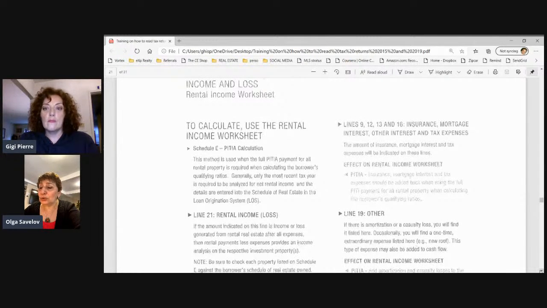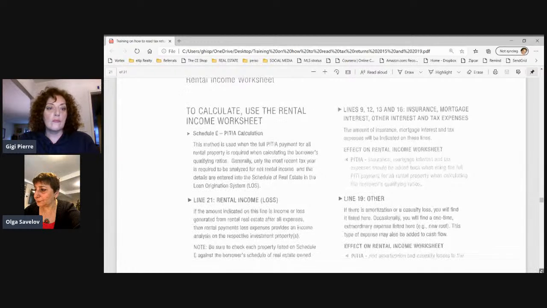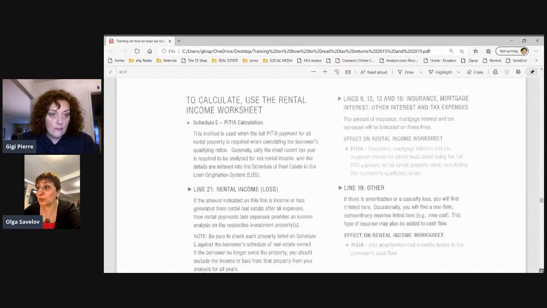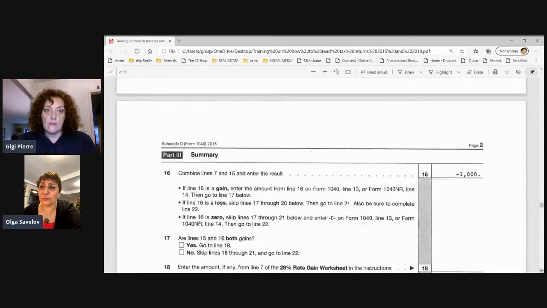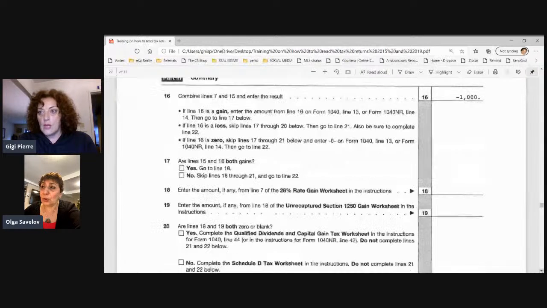Then you go to page 22. On page 22, it gives you the combined lines 7 and 15 from the previous pages, and those lines were expenses.